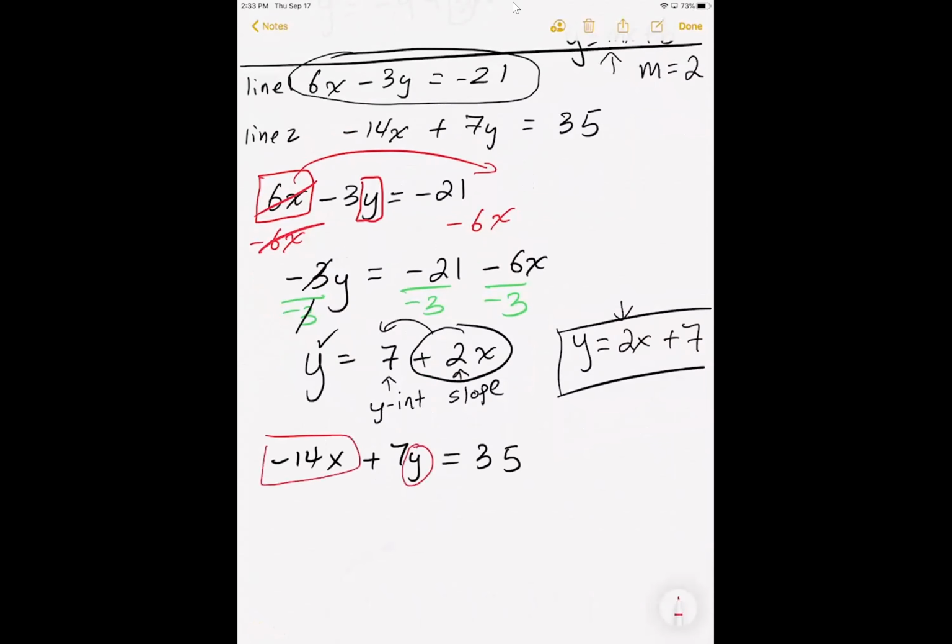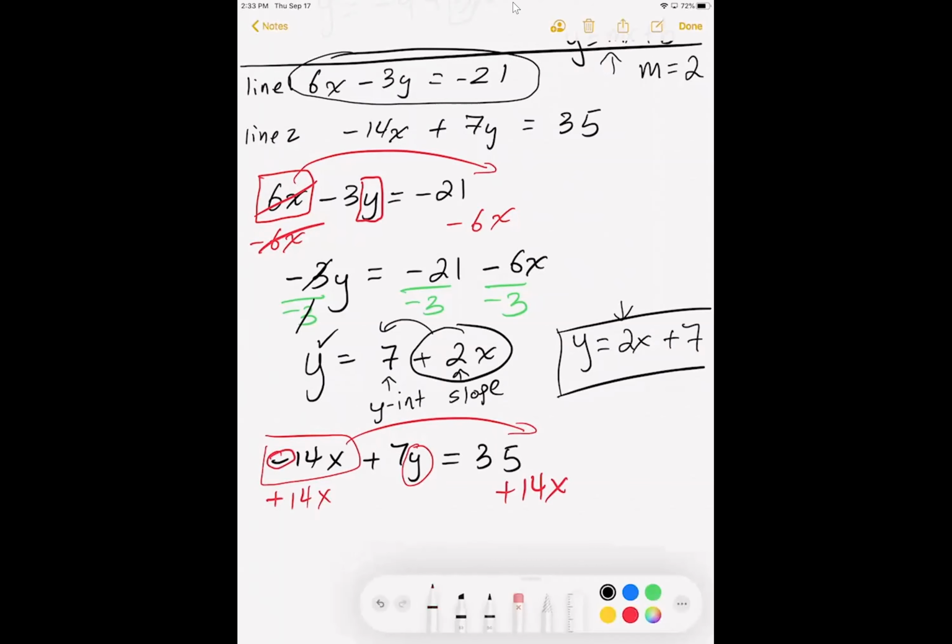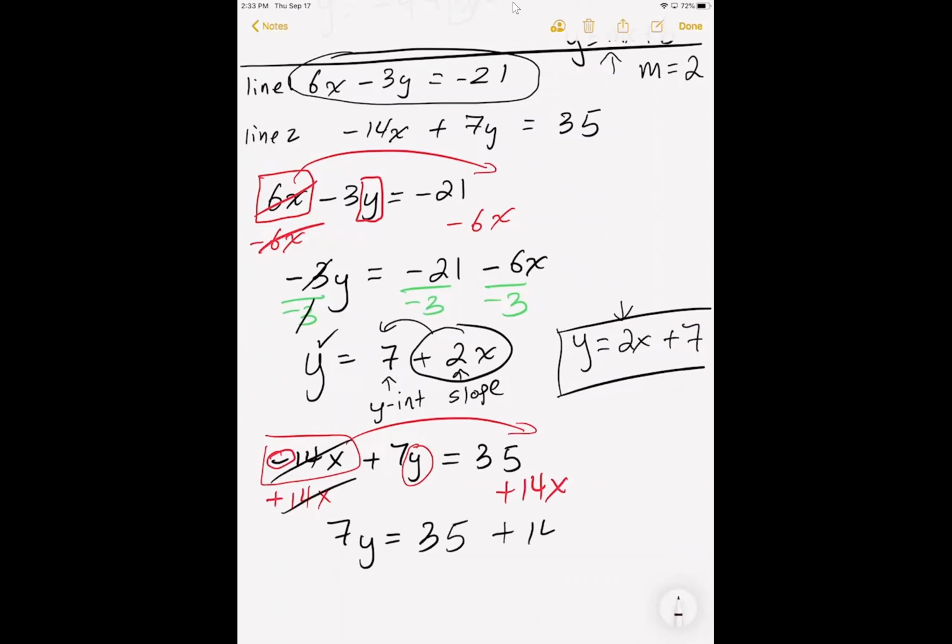To get y, I need to remove my x, and to remove my x, I need to add 14x here. Why do I add and not subtract? Because there's a negative here. We need to do the opposite operation. Therefore, I have 7y equal to 35 plus 14x, because they are unlike terms.